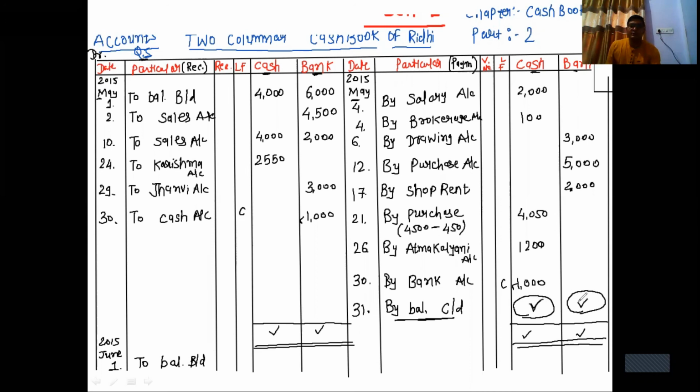Here it is the closing balance which becomes the opening balance for the next month. Okay, simple. So finally this sum is over, and here I have explained the cash column and bank column.